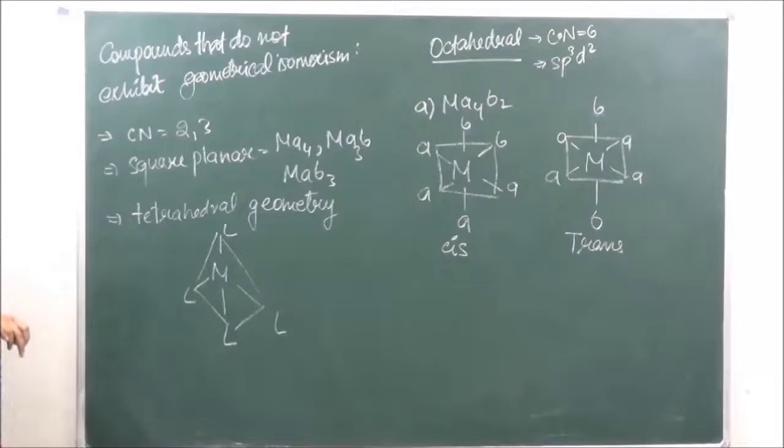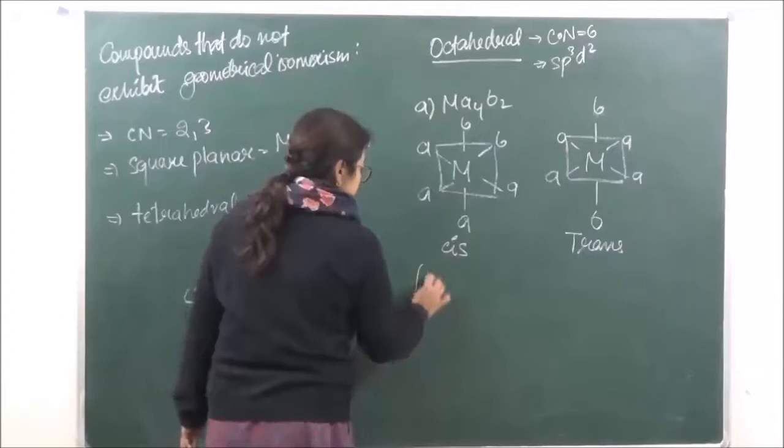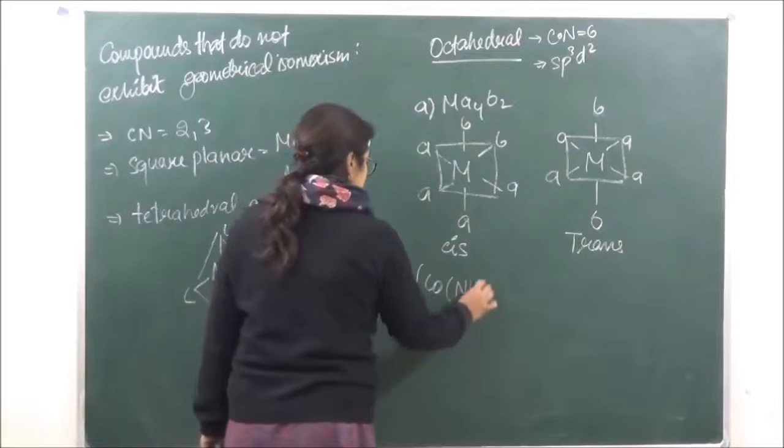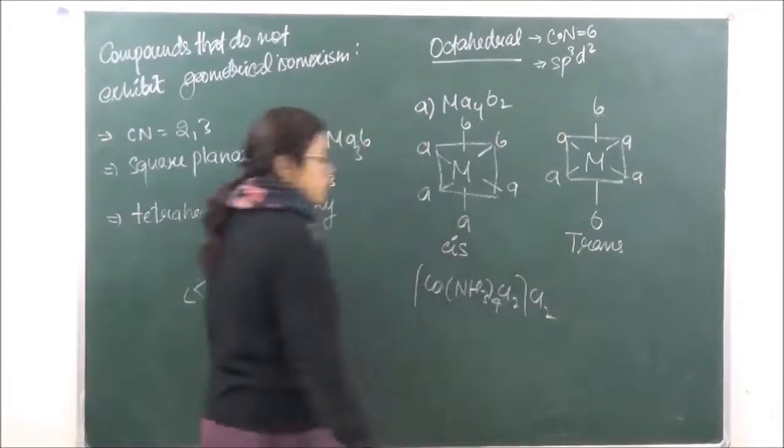Okay? So this is the cis and trans form. Examples which you can take over here is that of [Co(NH3)4Cl2]Cl.